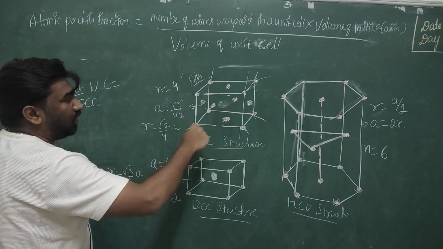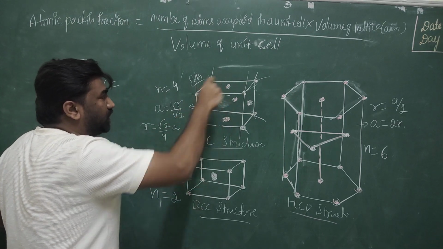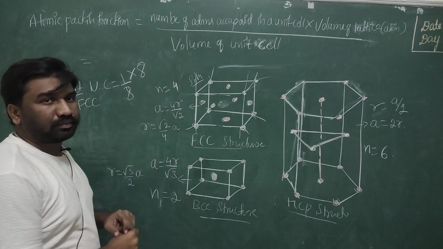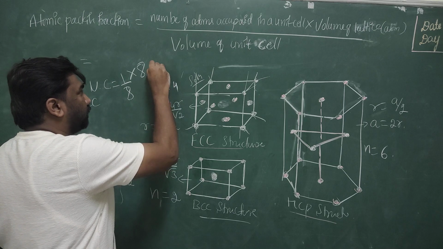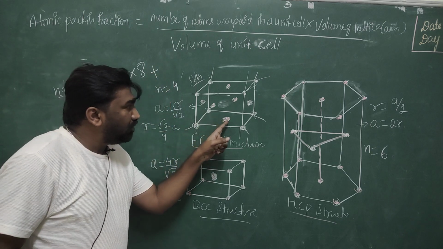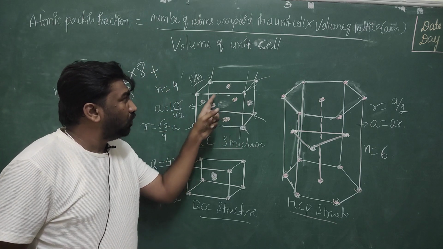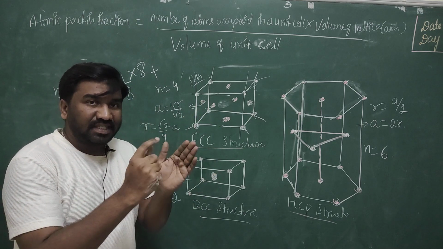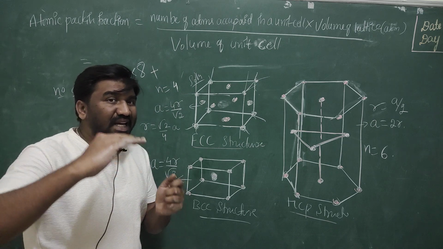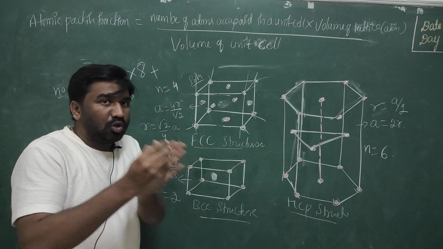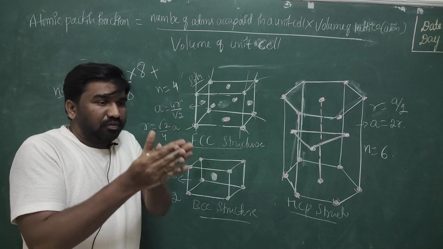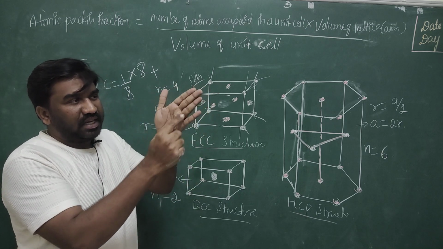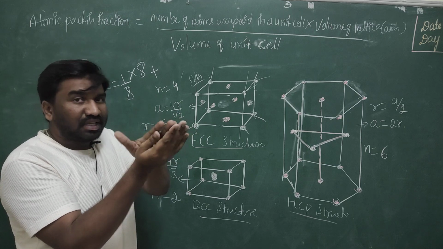So the contribution of the lattice points for this unit cell is 1 by 8 into 8, plus, see, there will be 6 faces for this cubic structure, and each face is shared with another cube. For example, this is one cube and this is another cube; this lattice is shared with this surface.